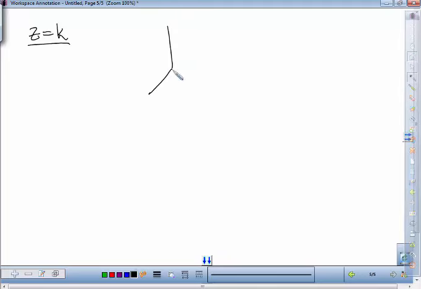Any ideas? It's the xy plane, but shifted up or down, depending if it's positive or negative. Right? So we start with z is equal to 0.